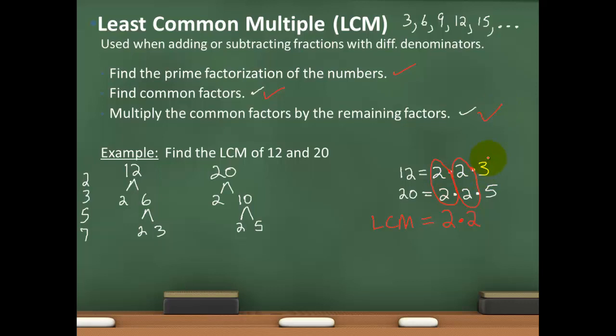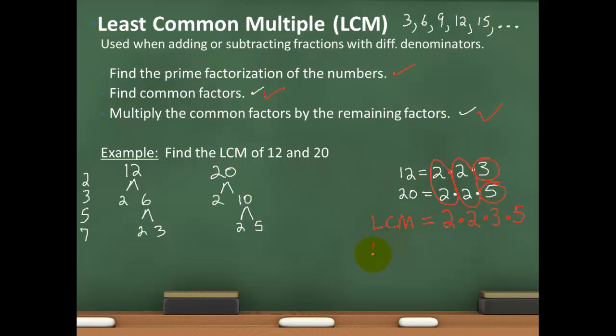So I've got to have a 3 as a factor and I've got to have a 5 as a factor. Note, if the 3 is not in my LCM, then it's not going to be a multiple of 12. And if the 5 is not in my LCM, then it's not going to be a multiple of 20. So that's why we have to have the 3 and the 5 in there as well.